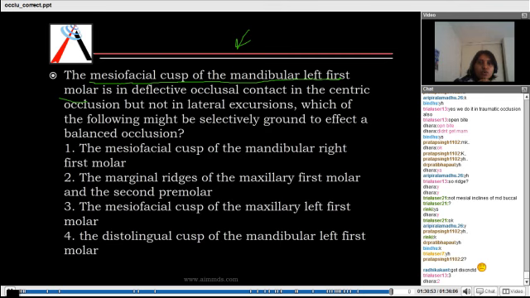You just read this question, Radhika. It's based on the previously discussed things, and answer me.